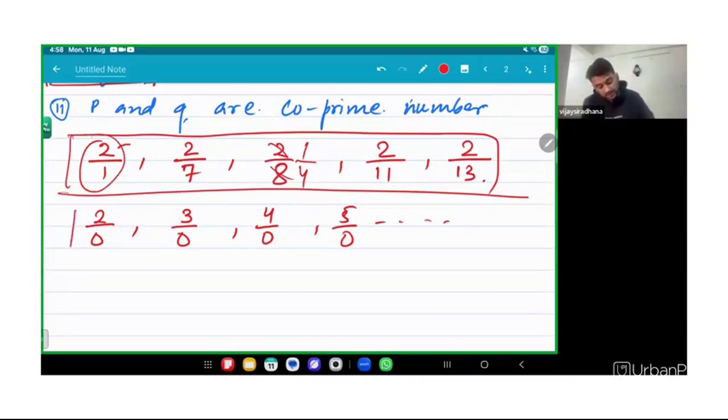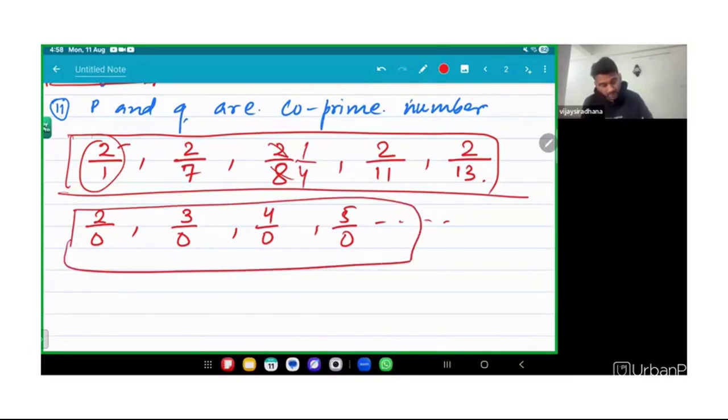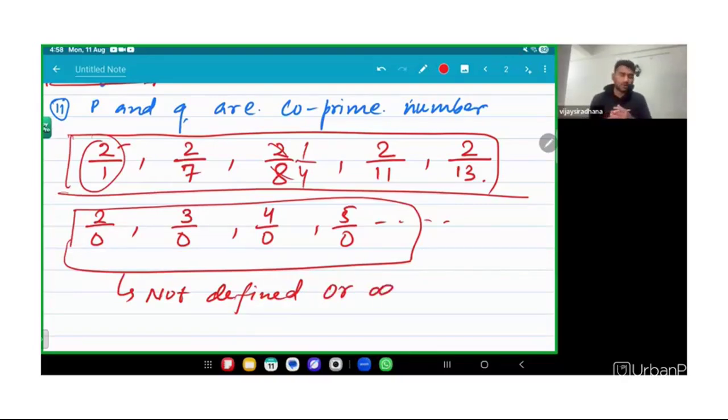Mathematically, these numbers are not defined. You could say they are infinite, because we cannot solve this. Anything with zero in the denominator is not defined.